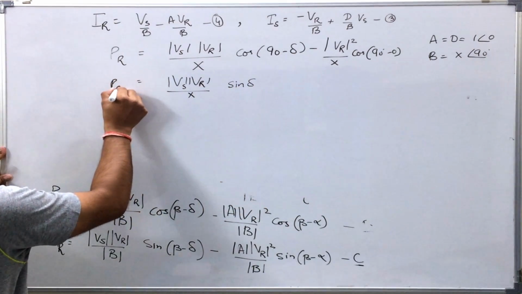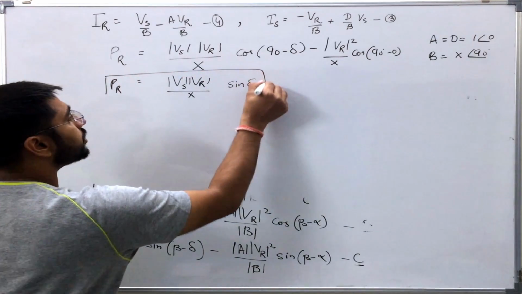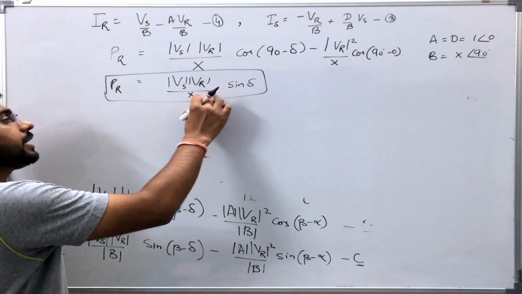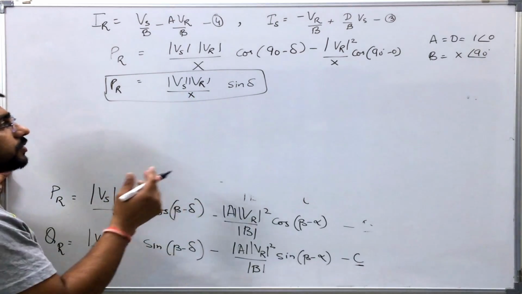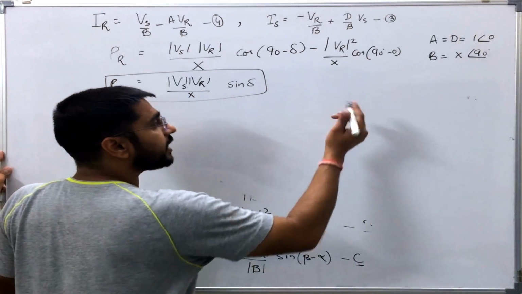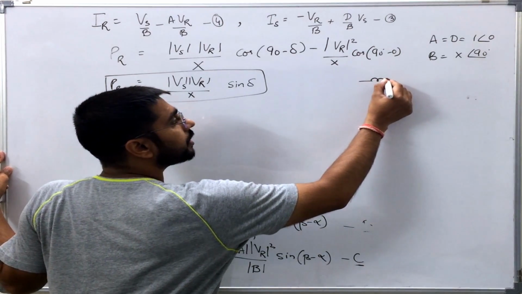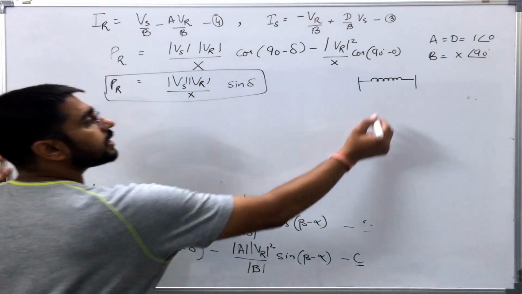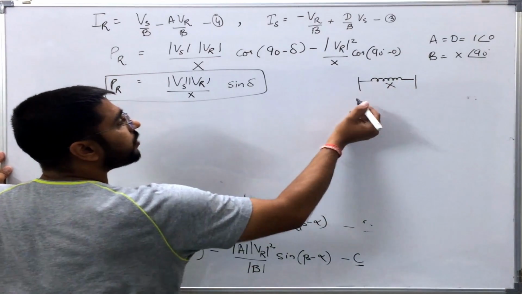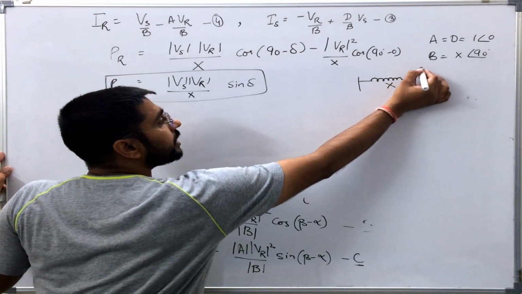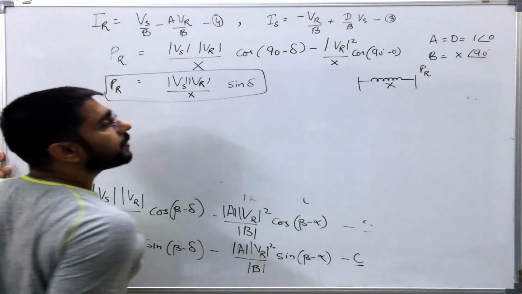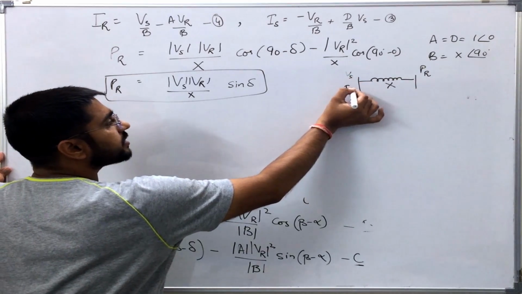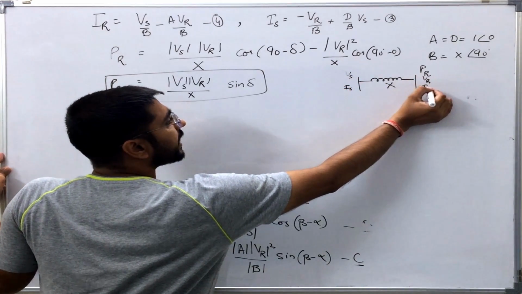So you see this equation is a very important equation, and we will encounter it in various chapters, because this is true for any network that is just connected by a reactance X, where we want to find the value of the receiving end real power when we are given VS, IS, VR, IR.